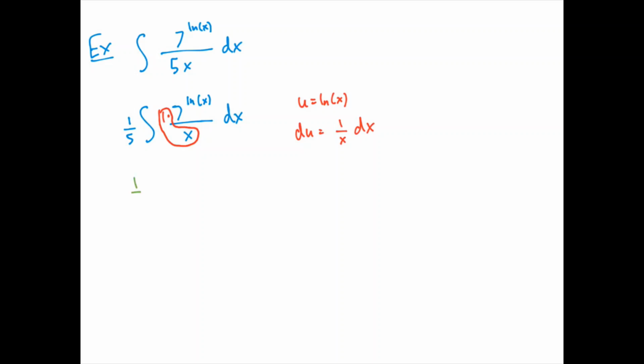So when we substitute, we're going to have 1/5 the integral of, well, 1 over x dx is going to be du, and then I'm going to have 7 raised to the u power.